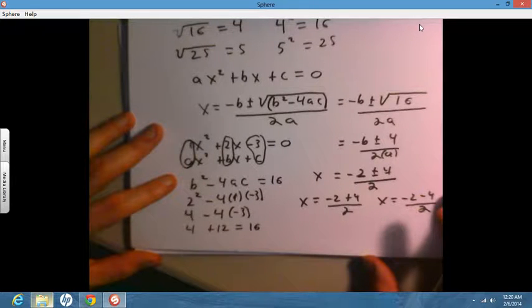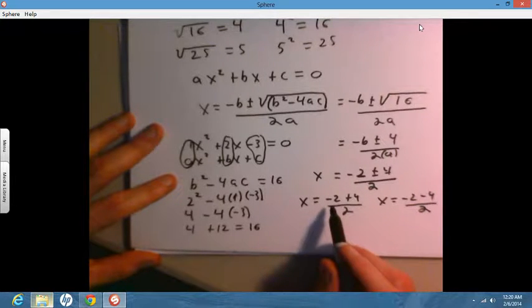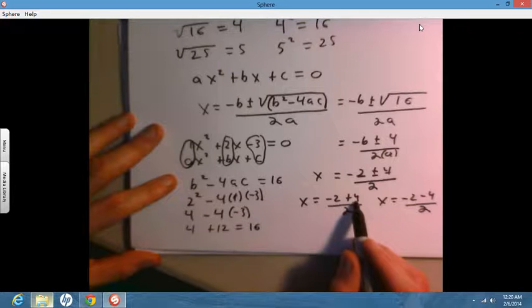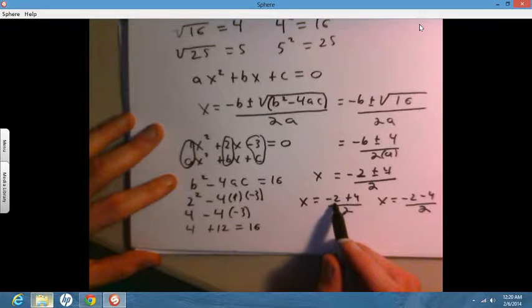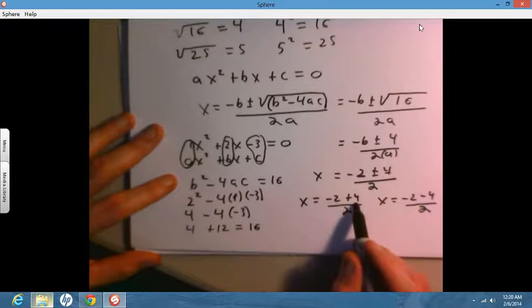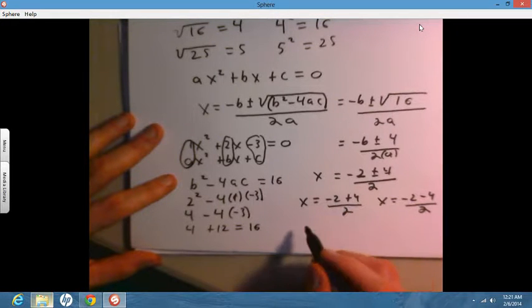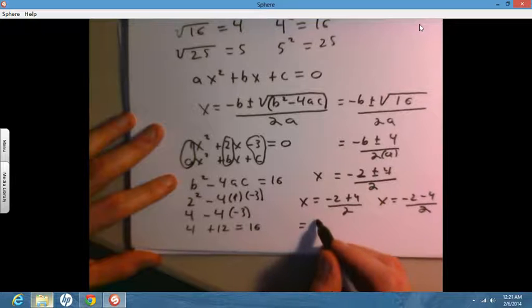Well, in this case over here, we're going to have a positive 4 and a negative 2. If you have $2 in debt, you deposit 4, you're going to have $2. So this is going to equal 2 divided by 2, which is going to equal 1.